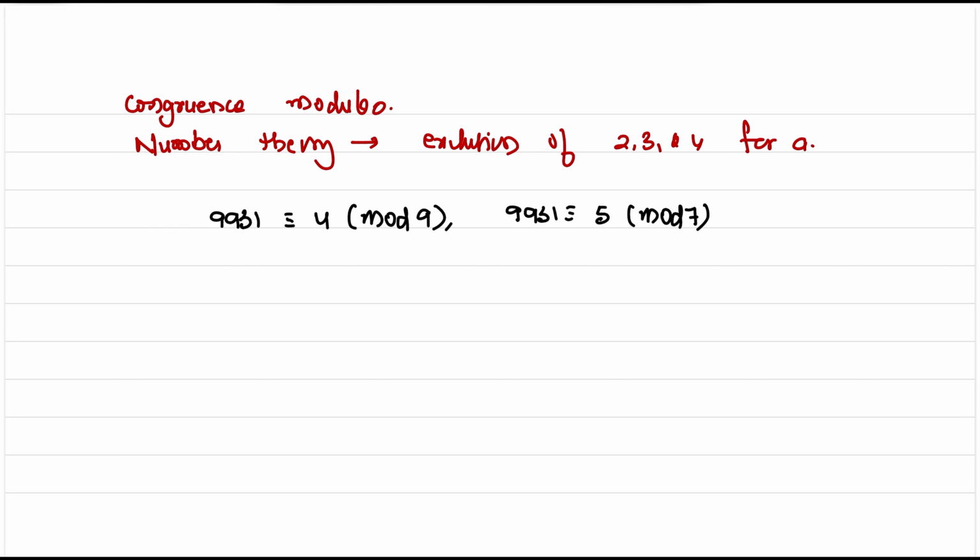Please try to combine these, which implies 9931 is nothing but a to the power of 6 minus b, equivalent to 4 mod 9.